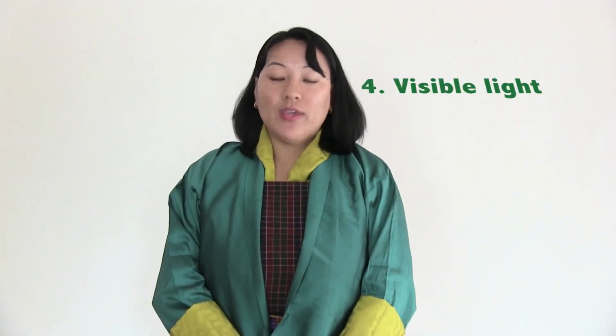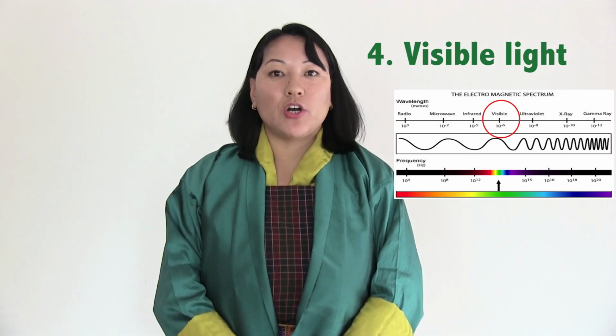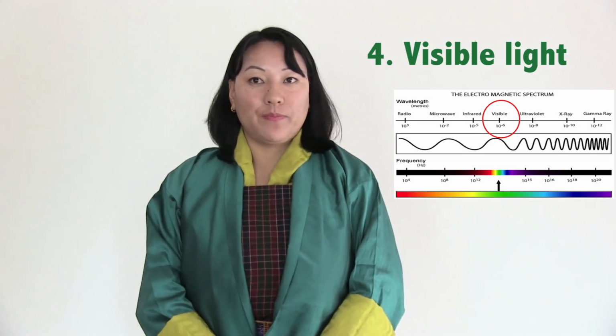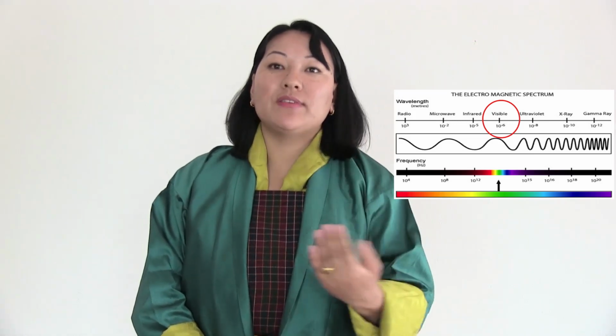The next wave we have is the visible light, which lies in the middle of the electromagnetic spectrum. The visible light is the only wave which can be seen with our naked eyes. The visible light consists of 7 different colors: red, orange, yellow, green, blue, indigo, and finally violet.